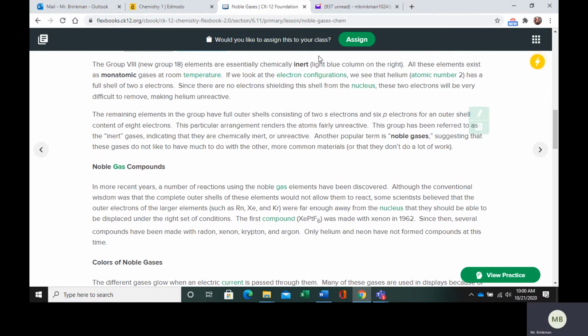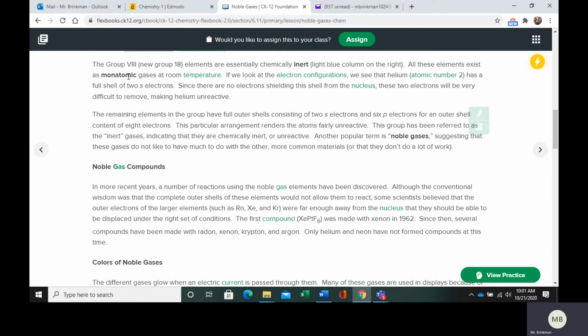What we call this inability to react is inert. So if something doesn't react, it is inert. All of those elements in group 8 exist as monatomic gases at room temperature.